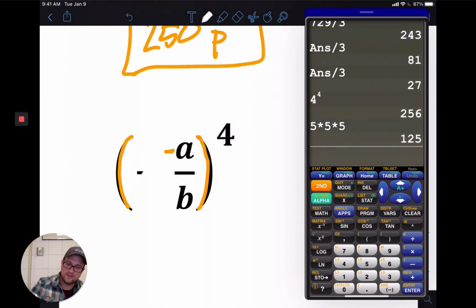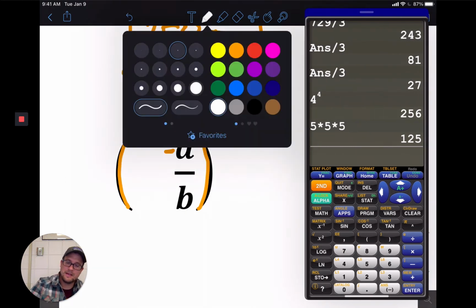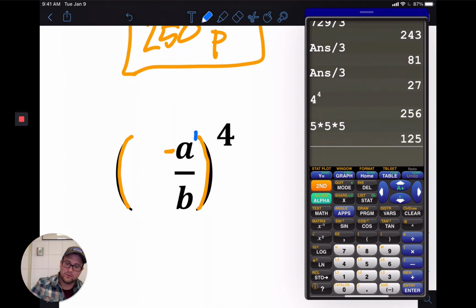We can slide that either to the A or to the B. We can't do it to both because then we'd have a negative and it'd be positive. So if I slide that negative up there with the A, now let's put in our exponent. So both of those are to the power of 1. And I'm going to put parentheses around that negative and that A because those go together.